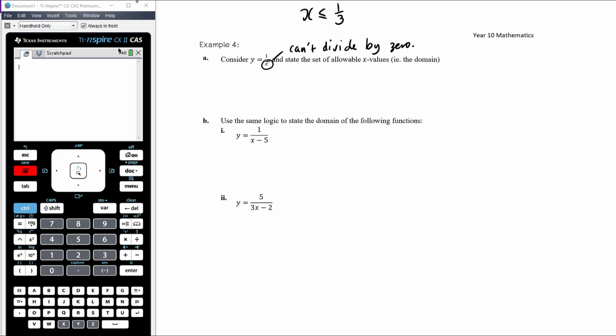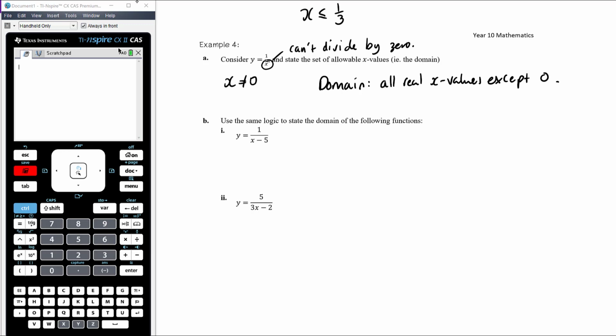And so we know therefore that x cannot be equal to 0 or we would have a problem. So the domain is all real x values, so it can be anything except for 0. And again, we'll look next year at notation we can use to describe that.